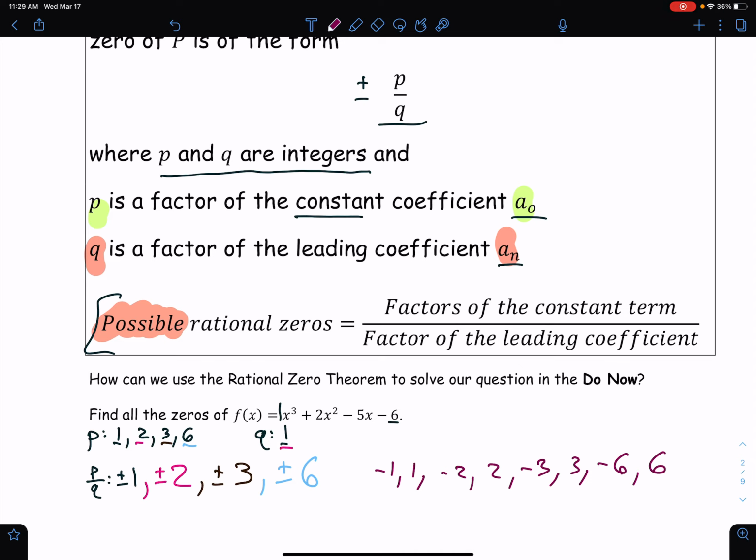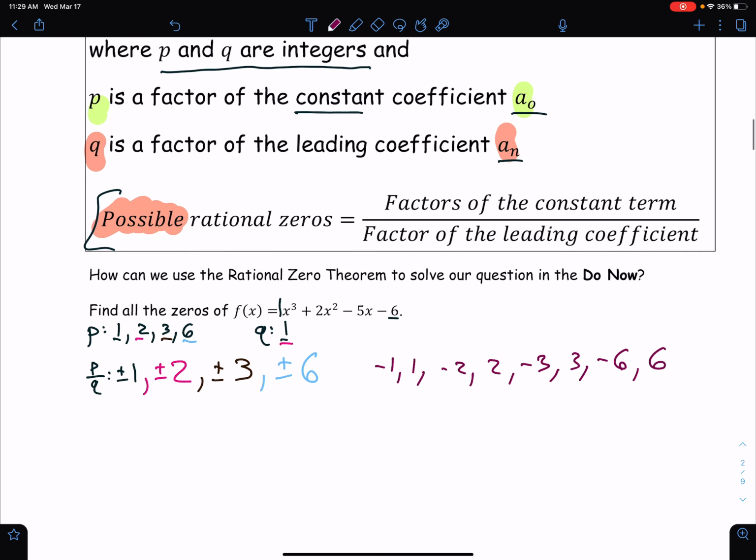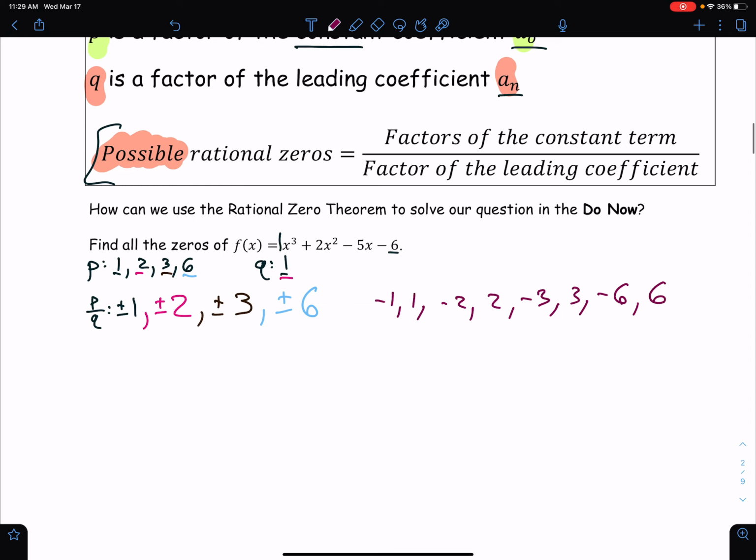Think about for like 30 seconds, pause the video. How can I figure out which ones are the zeros? Well, I can just try synthetically dividing the zeros and see if I get a remainder of 0.